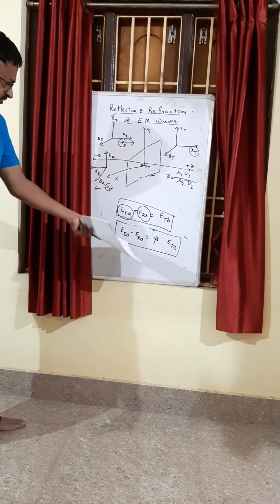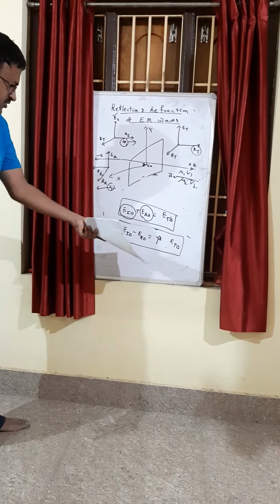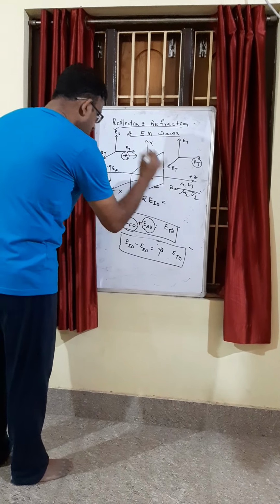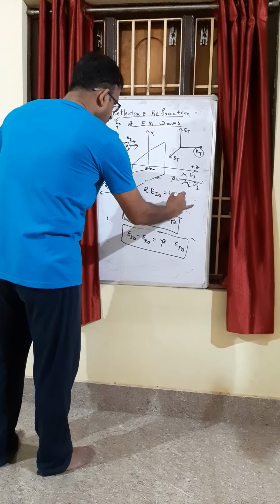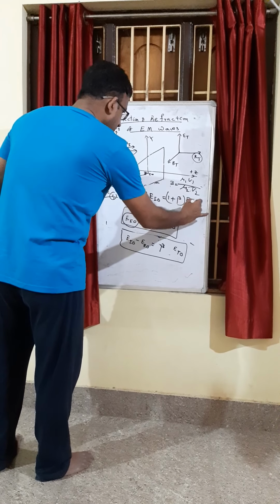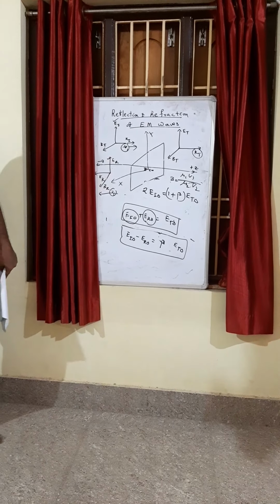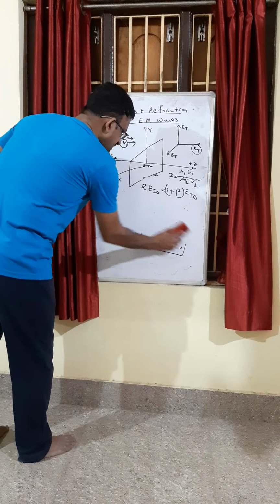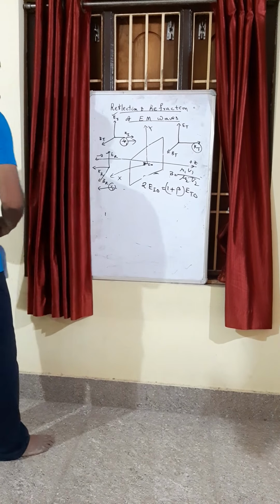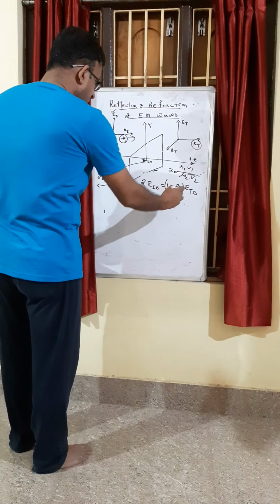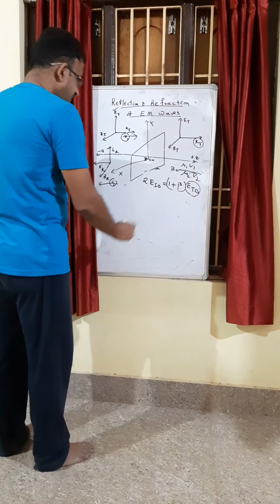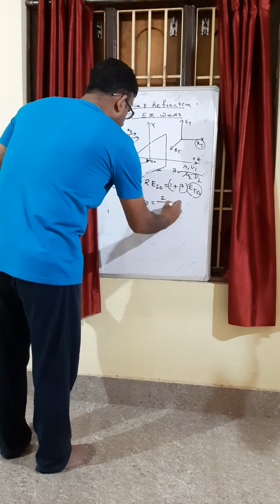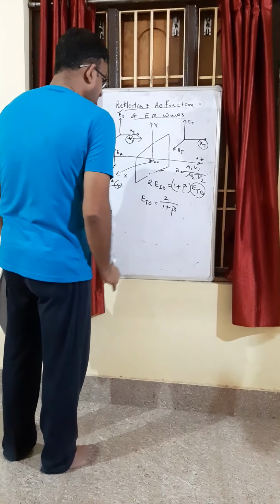So by just adding the two equations, you will get 2 EIO equal to (1 plus beta) ETO. And here you can find the transmitted part, ETO by EIO, will be equal to 2 by 1 plus beta.